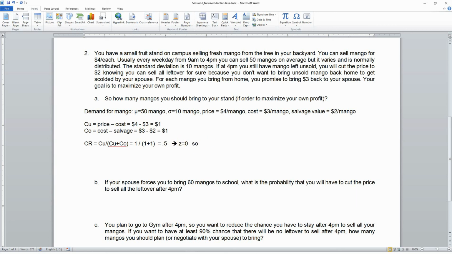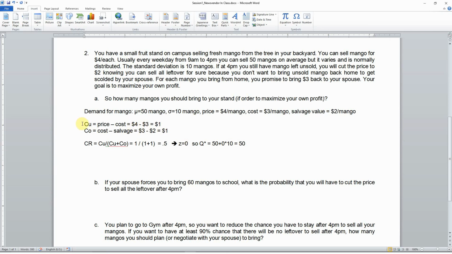So Q star is going to be equal to mu, 50 mangoes, plus Z, 0, times 10 mango, which is just going to be equal to 50. So that's how many we should have. But this is obvious.